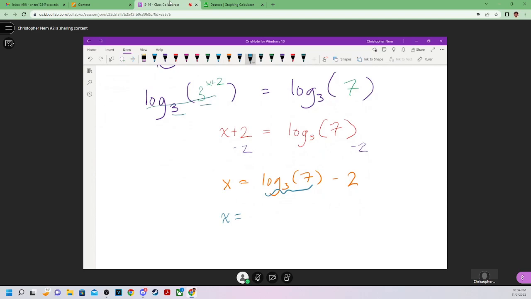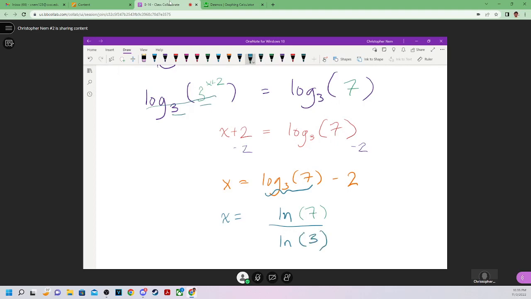If you remember what the change of base says, choose any base you want to use. I am going to choose log base e, that is the base I am going to choose, ln. And we have to write it as a ratio with the base and the input, where the input is my numerator and my denominator is my base. Boom.